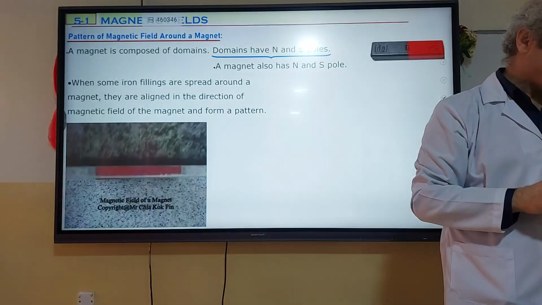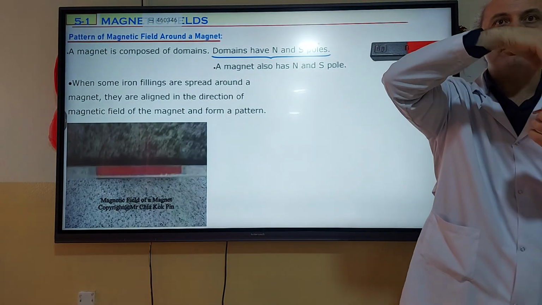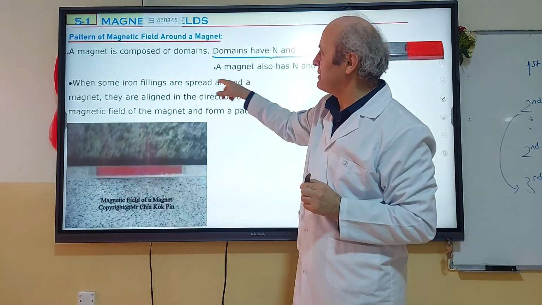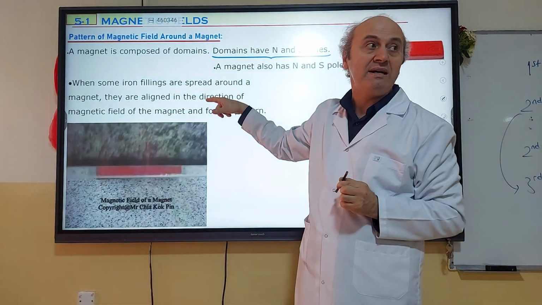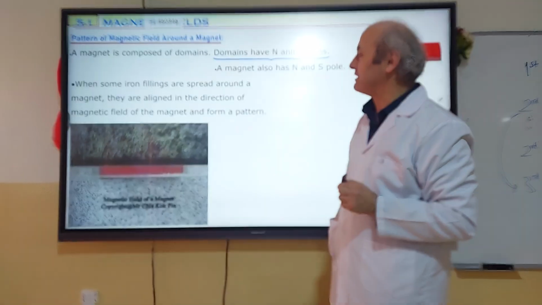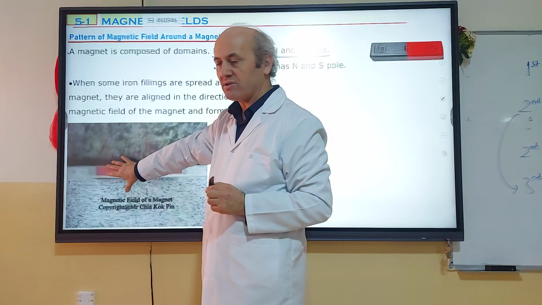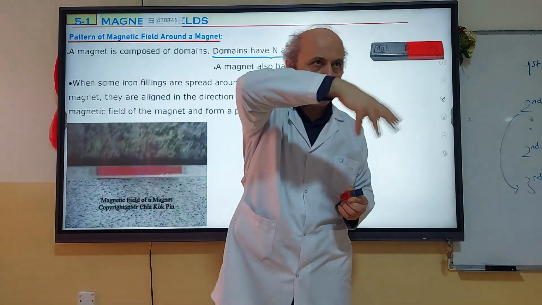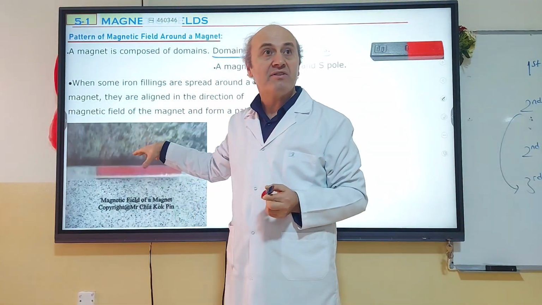To see the magnetic field direction, I have to spread some iron filings around this magnet. When some iron filings are spread around the magnet, these iron filings are aligned in the direction of the magnetic field of the magnet and form a pattern. This video shows this. There is a plate. On this plate there are some iron filings, and there is a magnet under the plate.